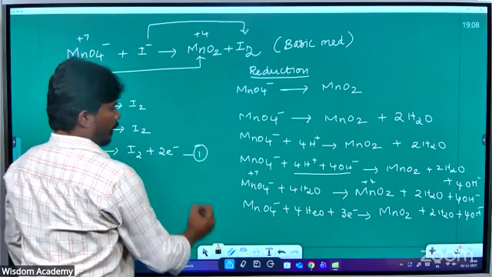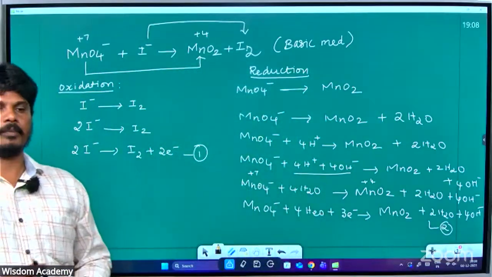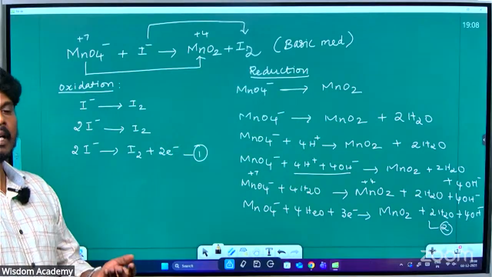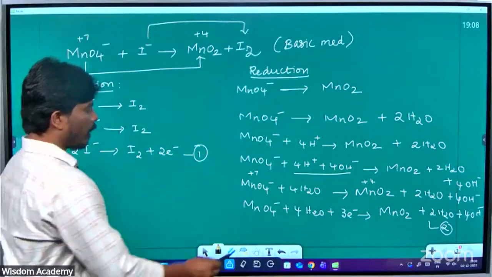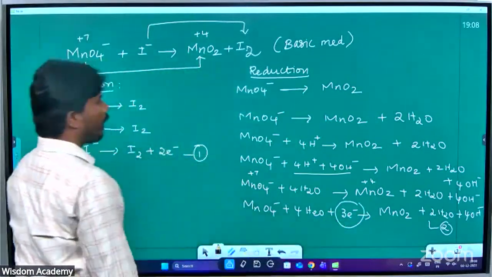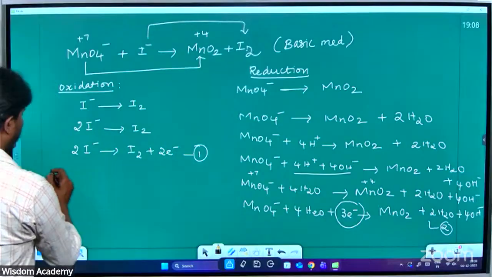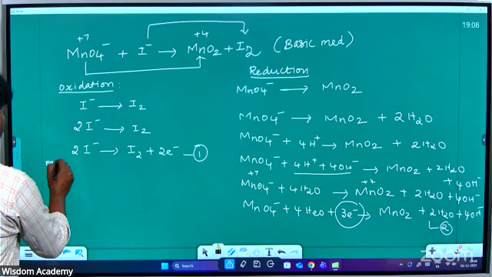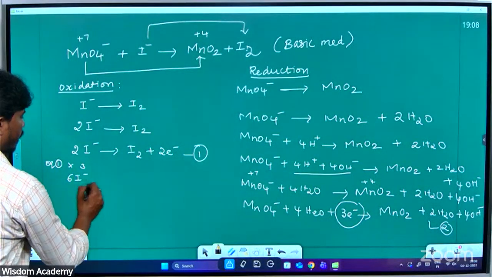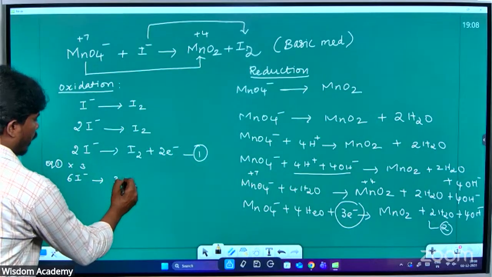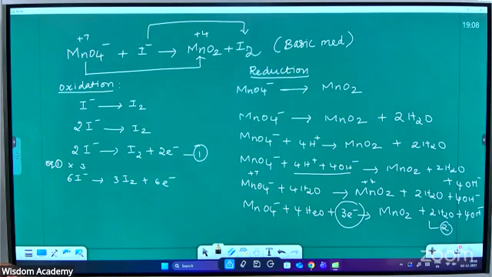Let's take this as equation number 1 and this as equation number 2. What is the next step? Equalizing the electrons by cross multiplication. The electron number involved in reduction is 3, so multiply equation 1 by 3. Therefore 6I minus gives 3I2 plus 6 electrons.